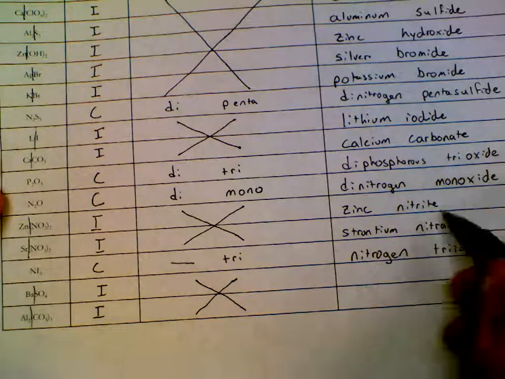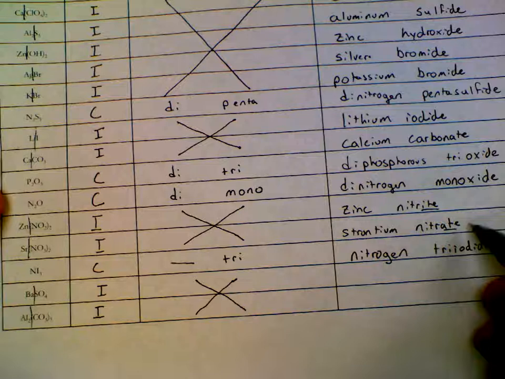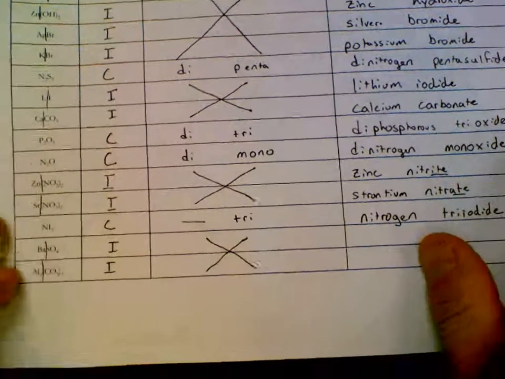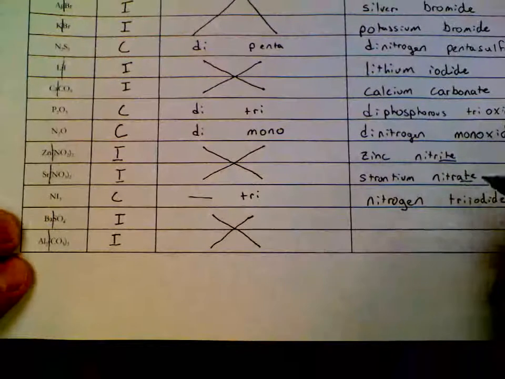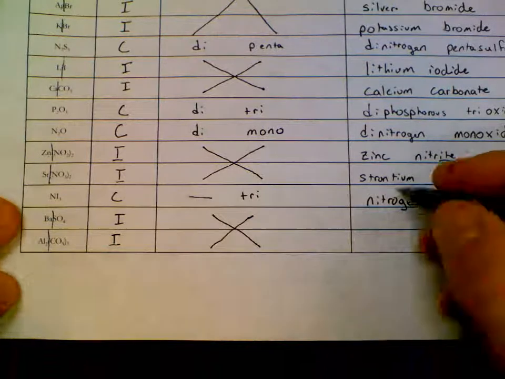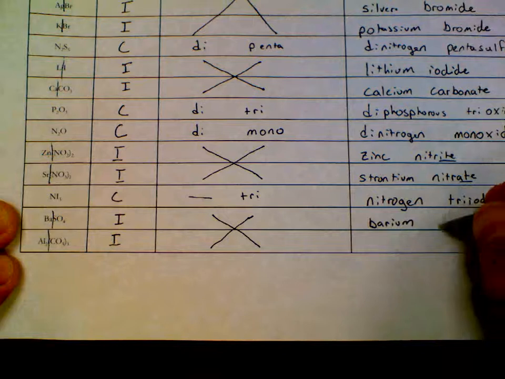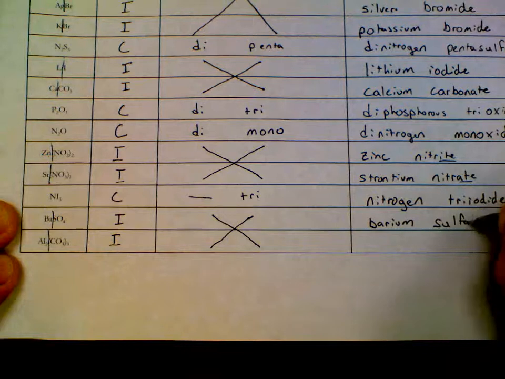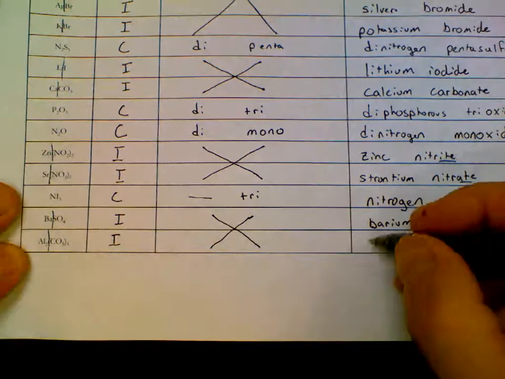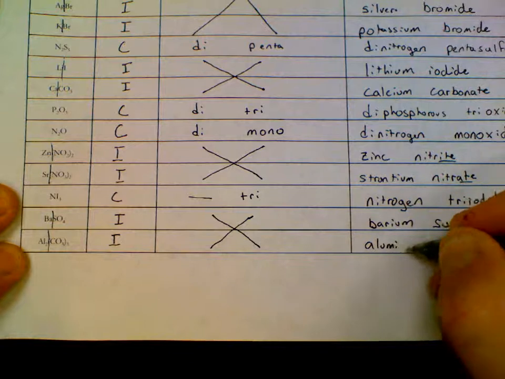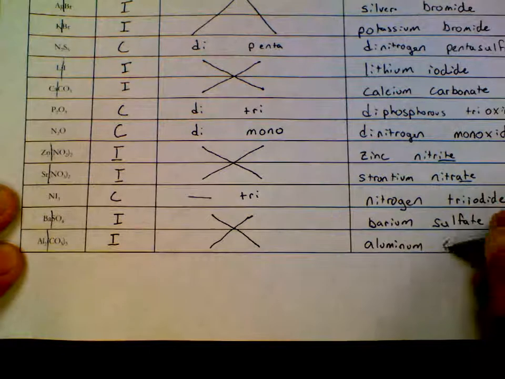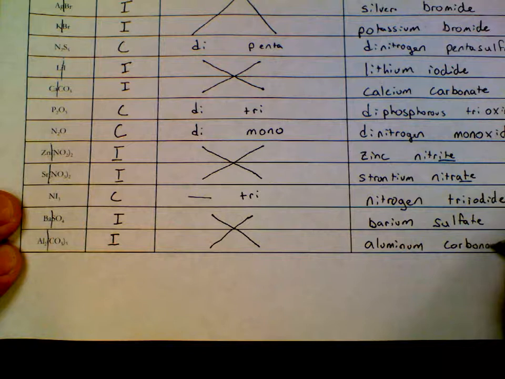Those last three letters of each of these names, got to really write those clearly because nitrite and nitrate look awfully similar if you write quickly. Barium, and then SO4 is sulfate. Finally, aluminum, and then carbonate. And there you have it.